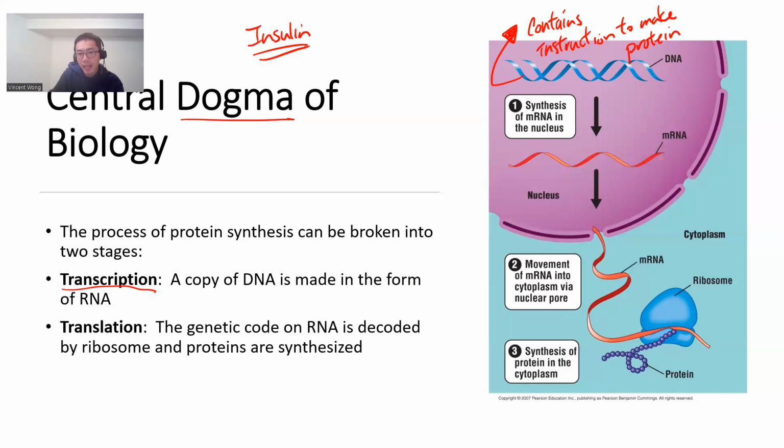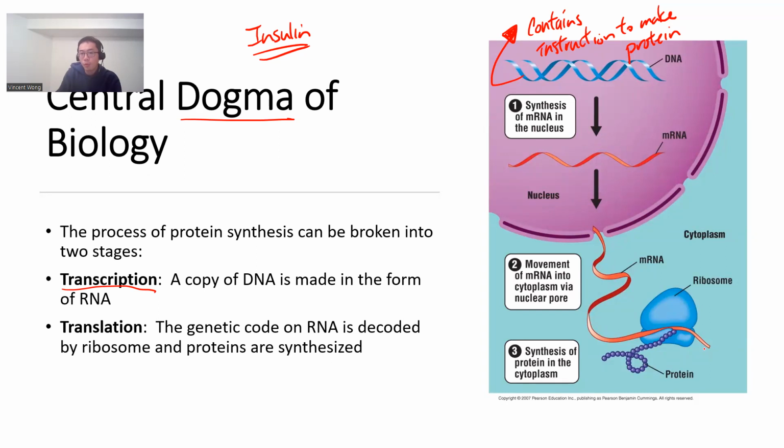So that RNA, which now contains the instruction to make the protein that you want, is going to exit the nucleus through the pores. And then when it's in the cytoplasm, the ribosome, which is the blue thing here, is going to decode the instruction and then actually make the protein. So you see these circles in the protein, that's the amino acid.